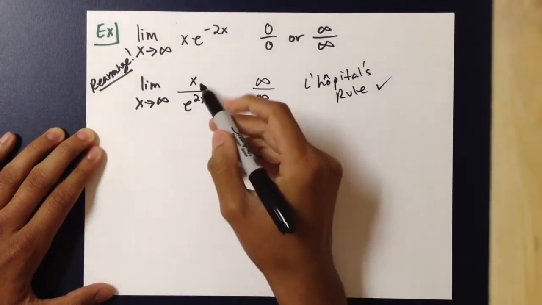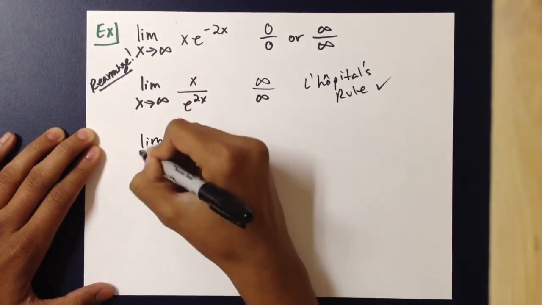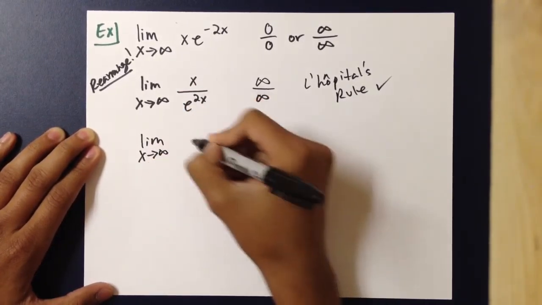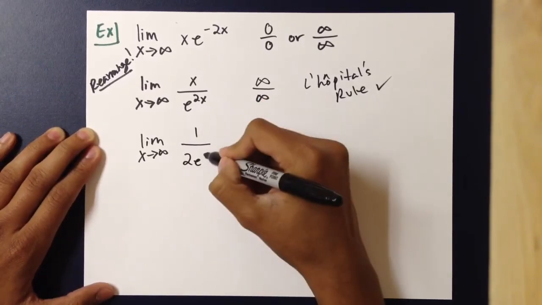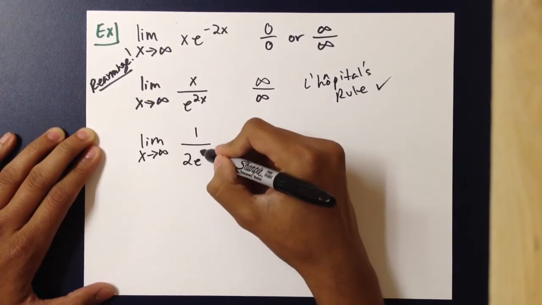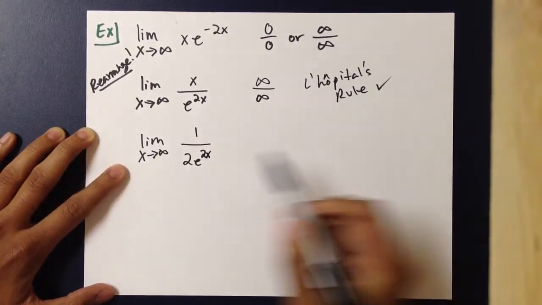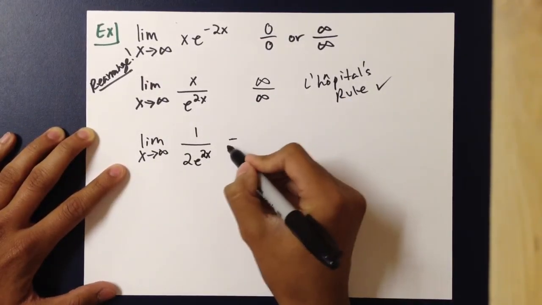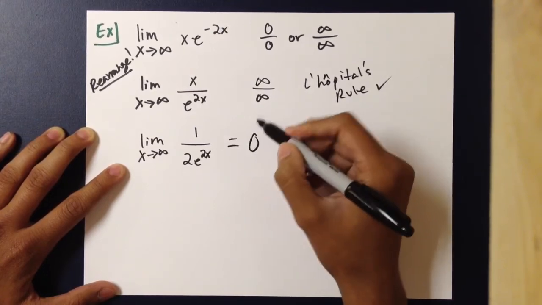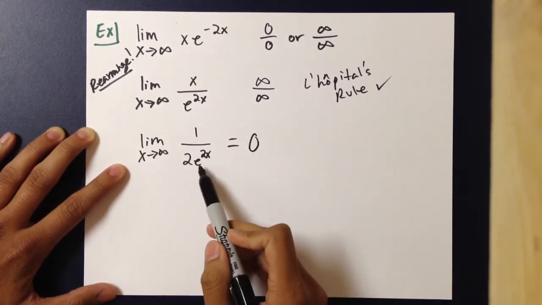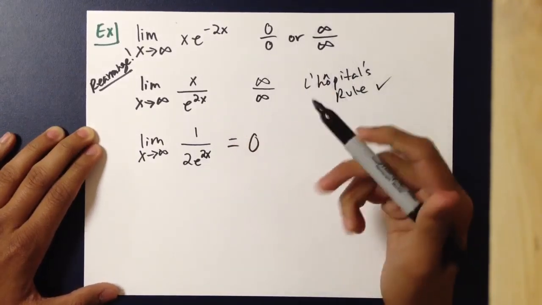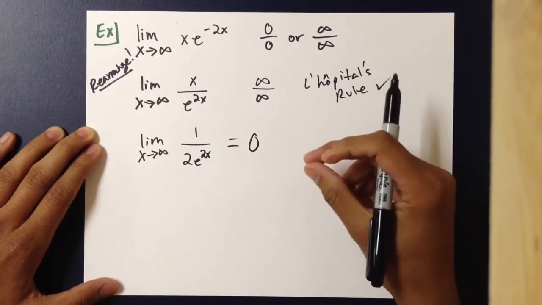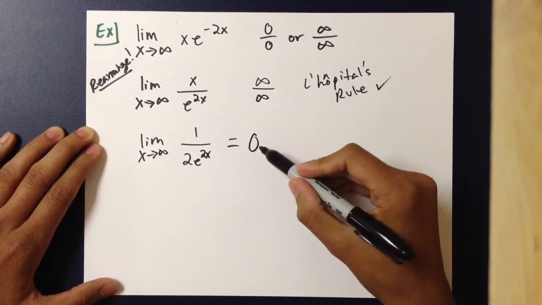We take the derivative of the top, which would be 1, over the derivative of the bottom, which would be 2e to the 2x. Now, this approaches 0 because as the bottom becomes infinitely bigger, the whole thing becomes infinitely smaller and closer and closer to 0.